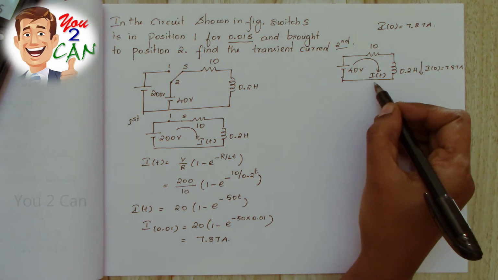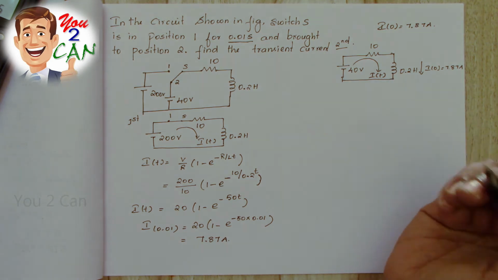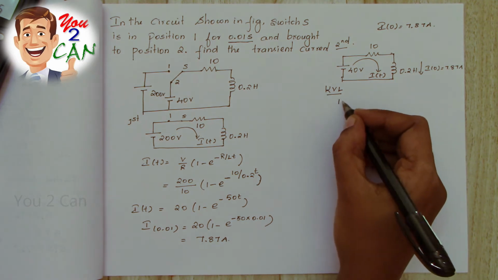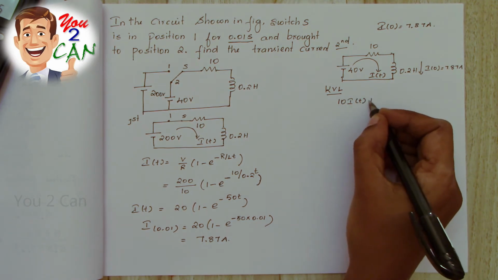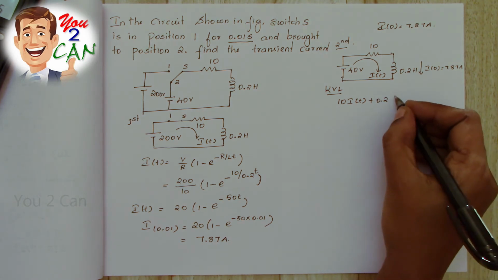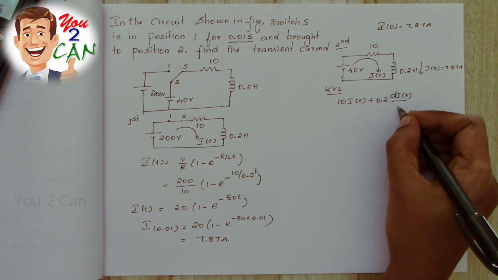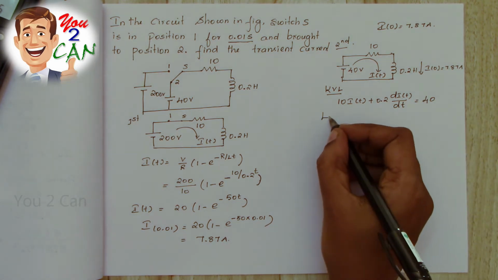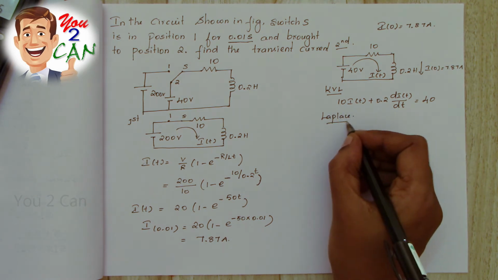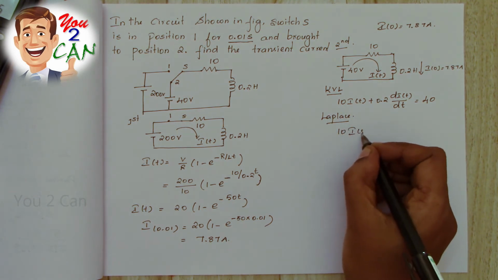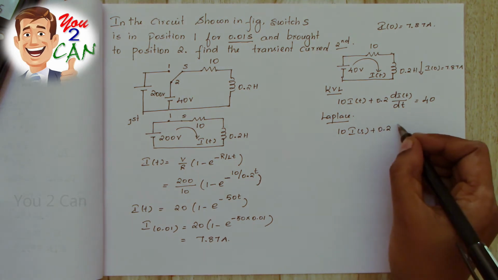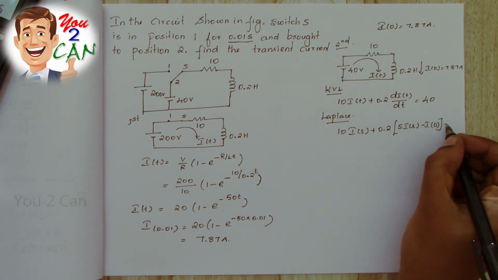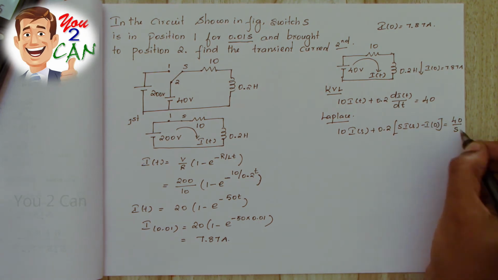Now we have to find the transient current I of t. This is very easy. Write the KVL equation: 10 I of t for the resistor plus 0.2 d I of t by dt equals 40. Take the Laplace transform on both sides: 10 I of s plus 0.2 s I of s minus I of 0 equals 40 by s.